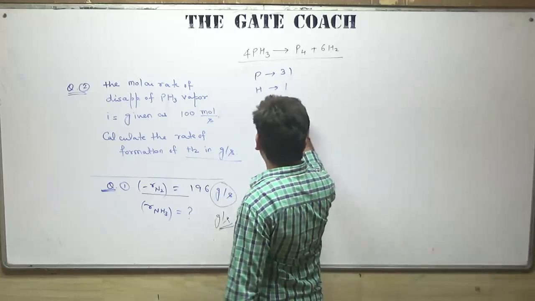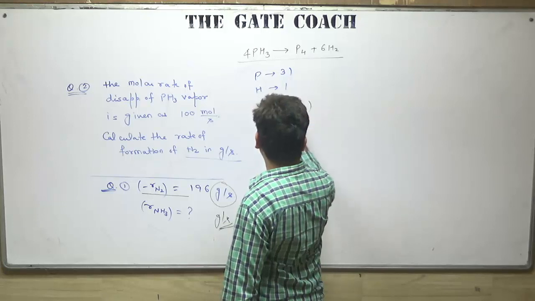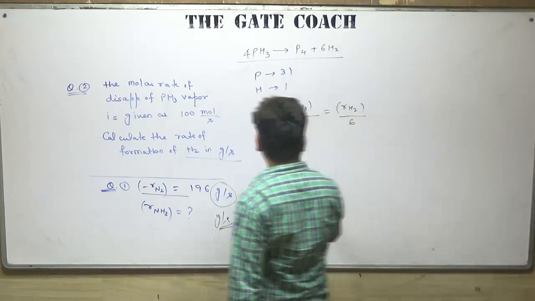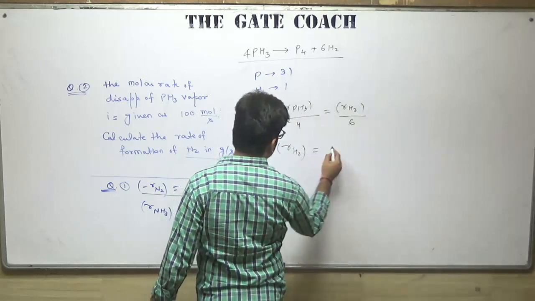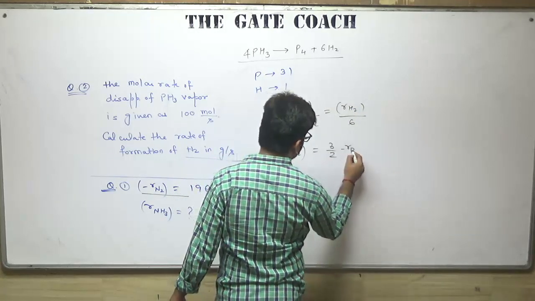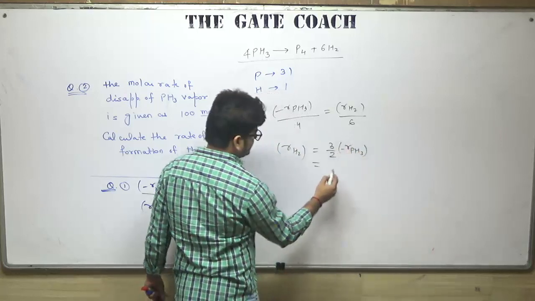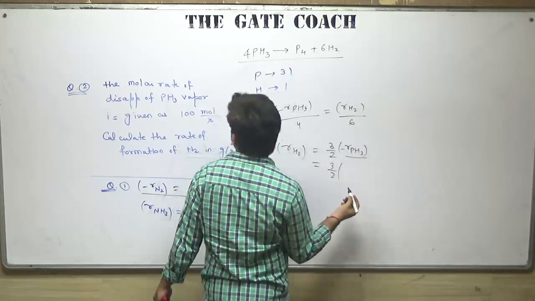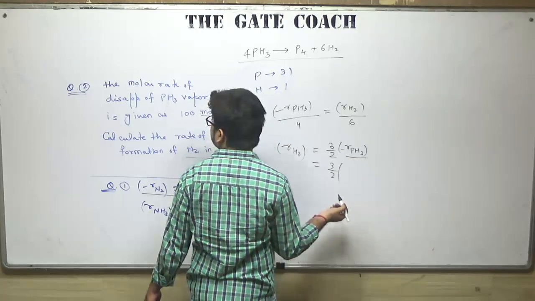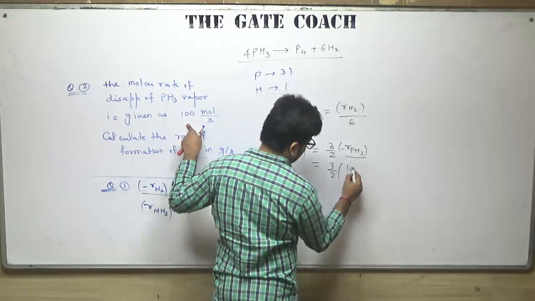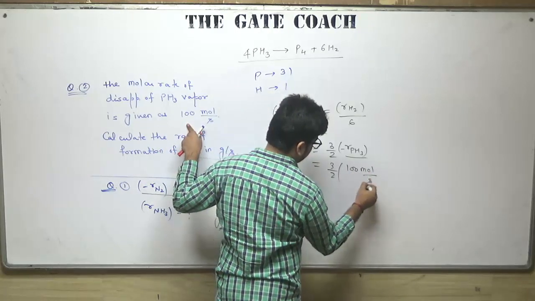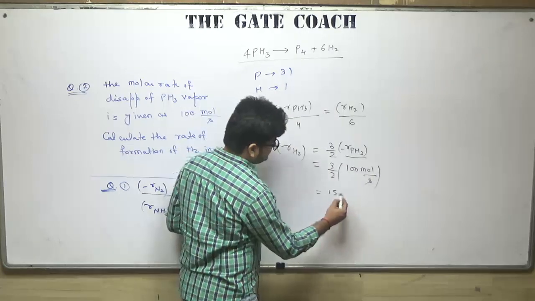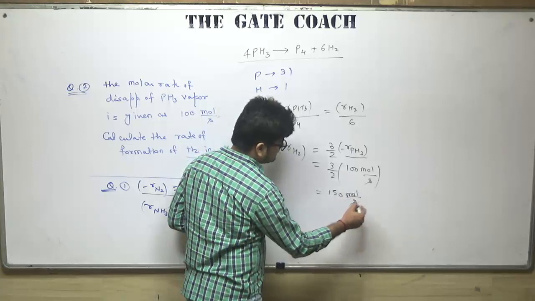So guys, what will be the molar relative rates for this? Minus RPH3 over 4 equals RH2 over 6. So RH2 will be equal to 3 by 2 times minus RPH3. The rate of disappearance of phosphine is given as 100 mole per second, so you will get the rate of formation of hydrogen as 150 mole per second.